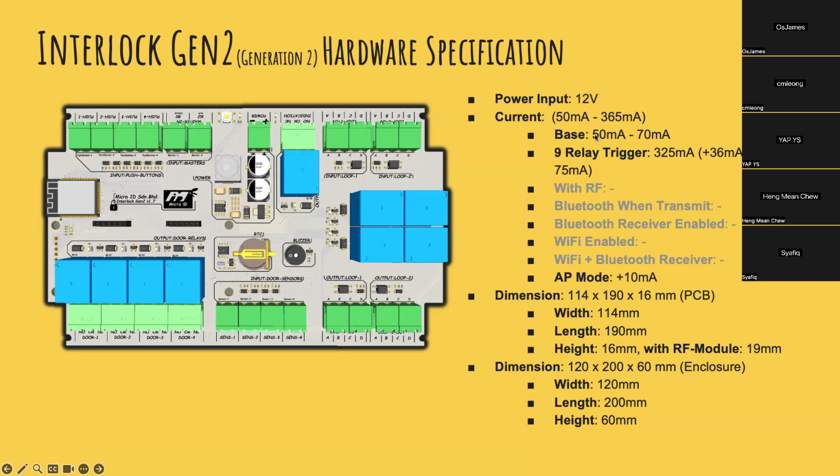The current consumption is around 50 to 70 milliamperes. If all the relays are triggered, you'll be using around 325 milliamperes. You need to add that to the base to get the full ampere. So this is the Gen 2.